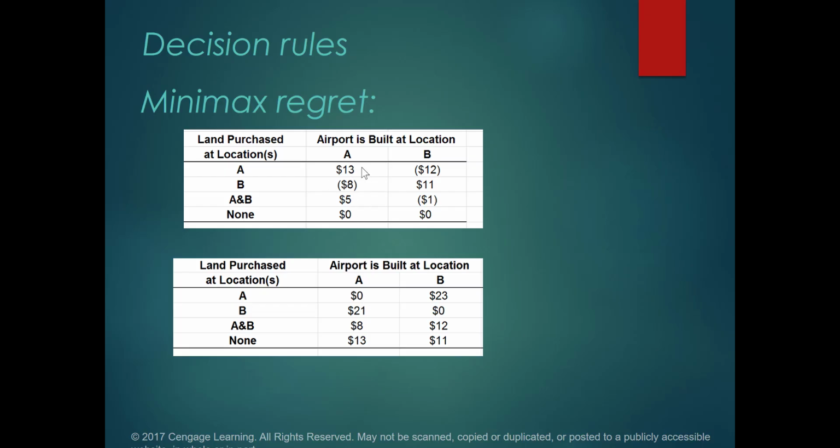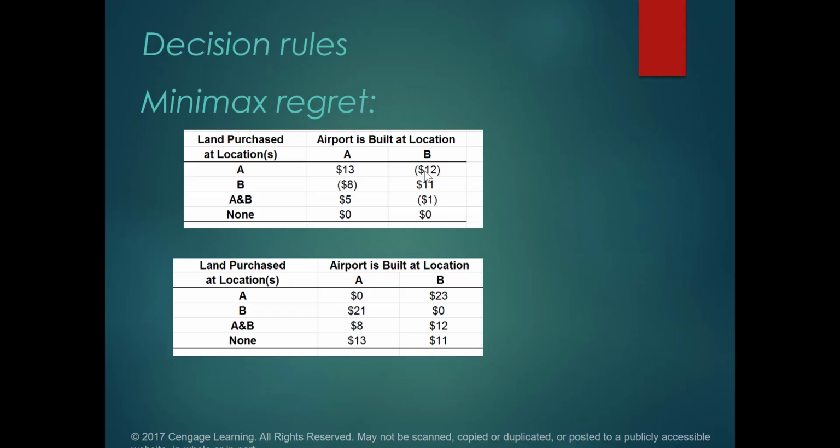So here 13 minus 13 becomes 0, 13 minus 8 becomes 21, and so on. So for each column, for each state of the nature, we find the max, and then we subtract all of the elements. Now for alternative B, if the airport is built in location B, then when we pick location B to purchase, the regret is 0.